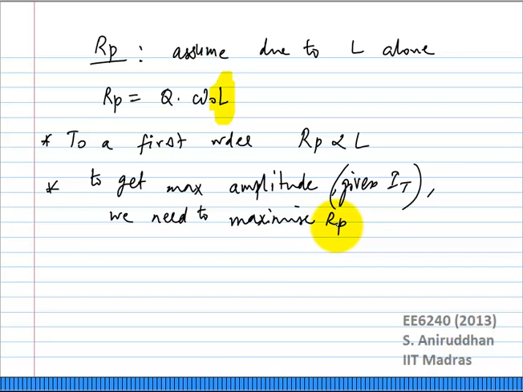So you increase the amplitude, your phase noise will drop. Okay, so we need to maximize amplitude. Therefore, given a bias current IT, tail current IT, we need to maximize RP, which means we need to maximize L.